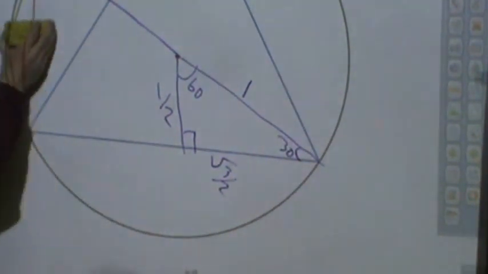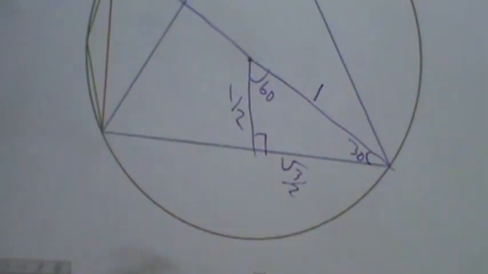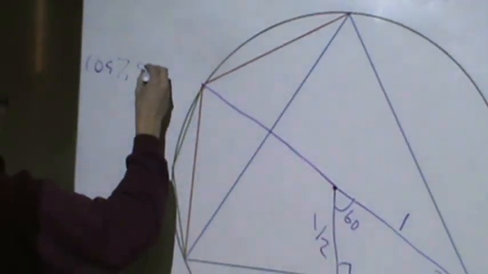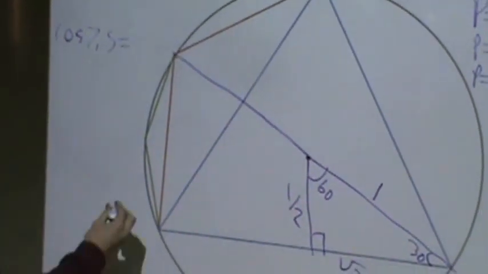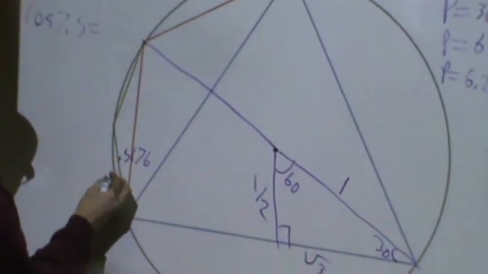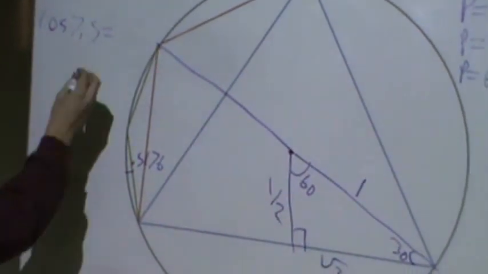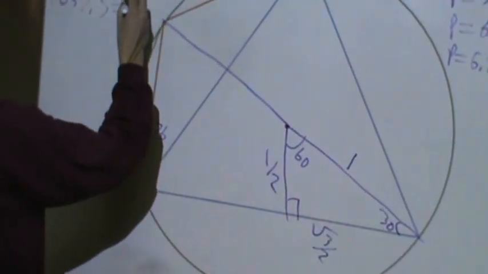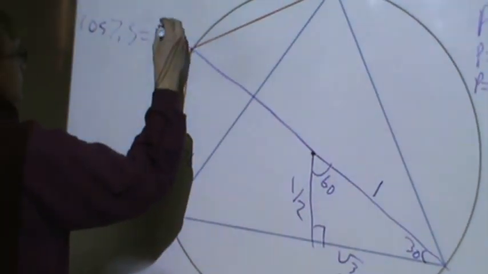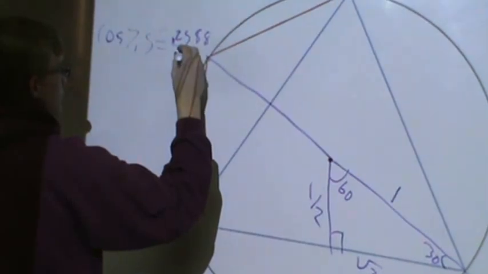So the next one will be the cosine of 7.5. This was 0.5176 right here, and we're bisecting it there, so that'll make this 0.2588 over h.